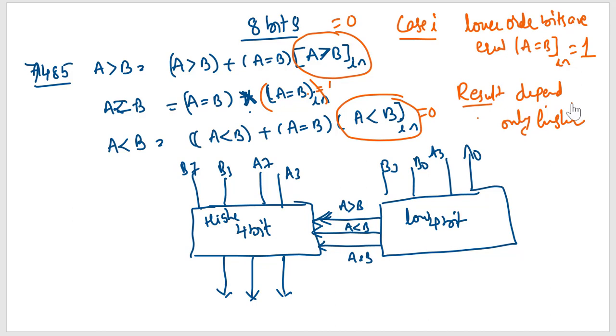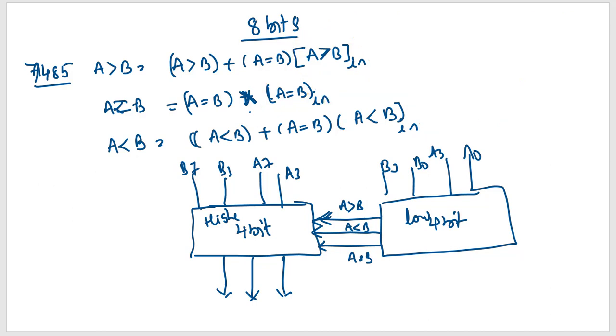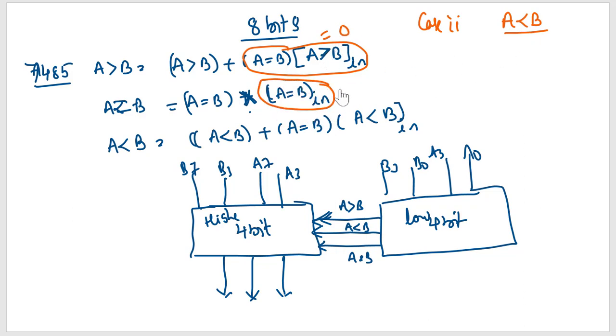We will take the second case where lower order bits are, let's say, less than. That means a less than b, let us assume. Now in case 2, we will take lower order bits a less than b. When a less than b is 1, in that case a equals to b will be 0. That means this entire term will be 0, and this term also 0.